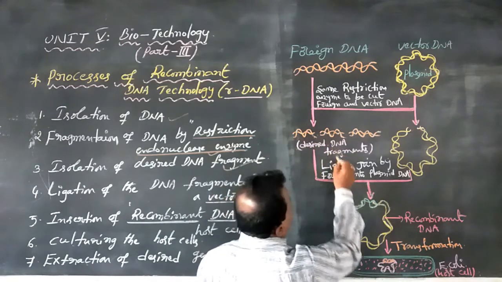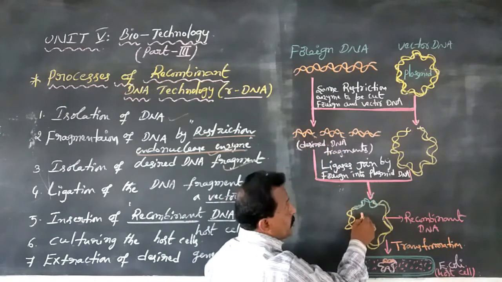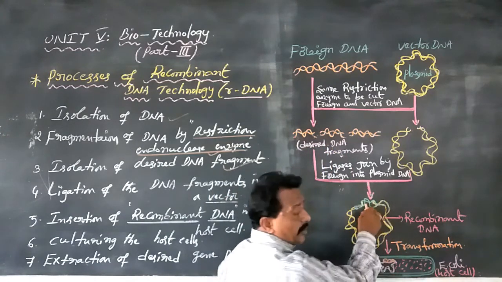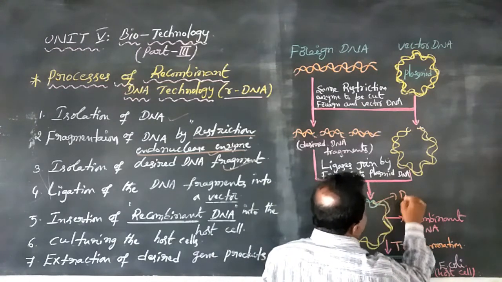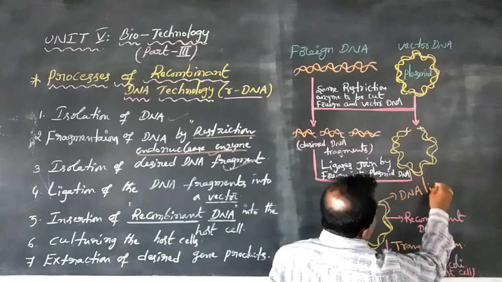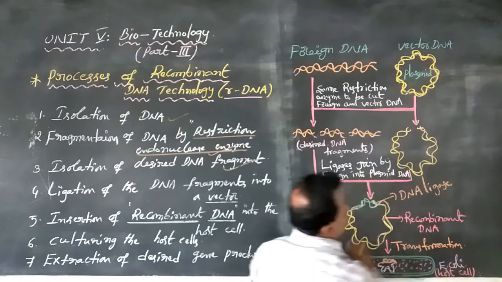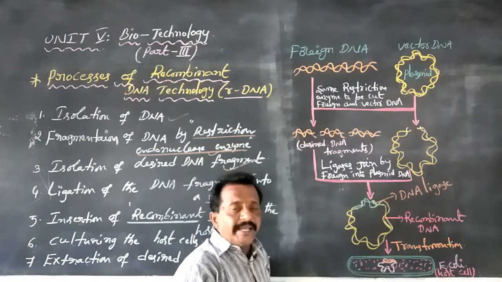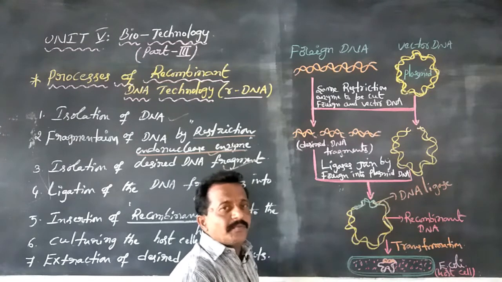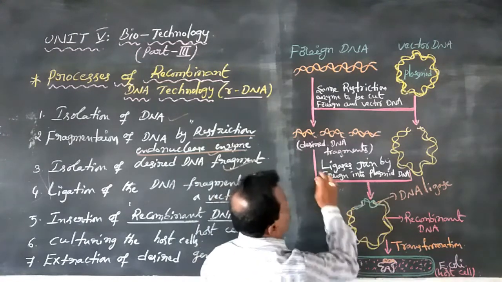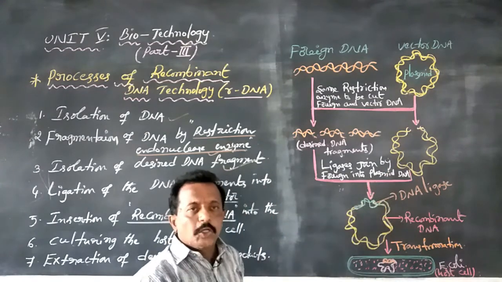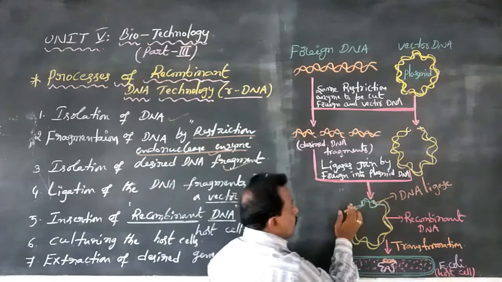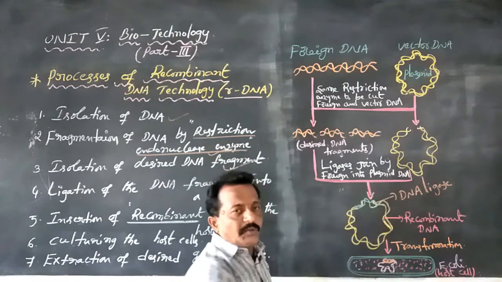One foreign DNA fragment is joined to plasmid DNA with the help of DNA ligase to form one new DNA.